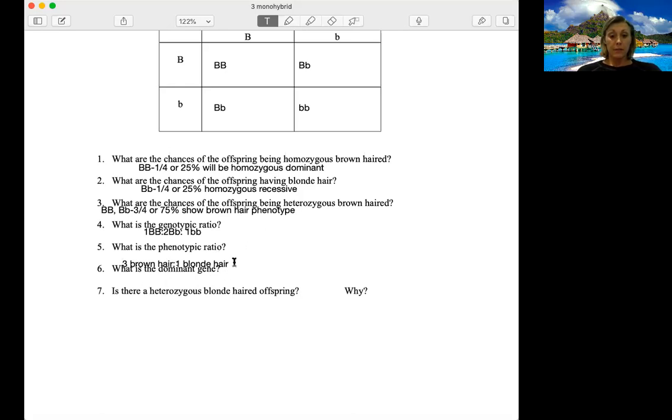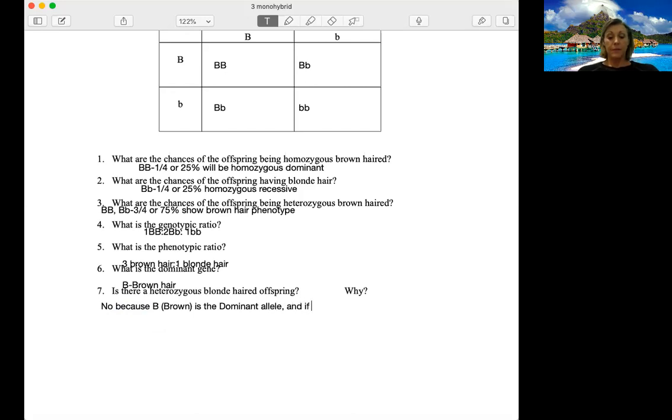What's the dominant gene? Big B, that's brown hair. Is there a heterozygous brown or blonde offspring? No, because big B, brown, is the dominant allele.